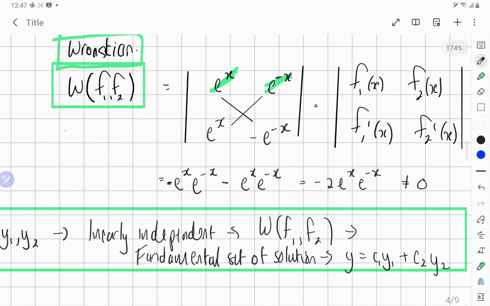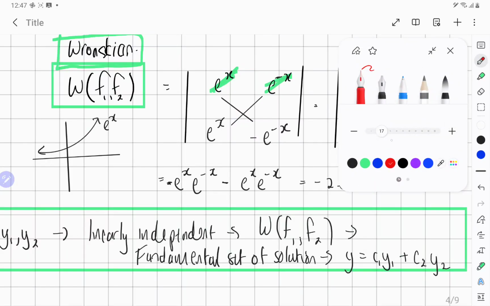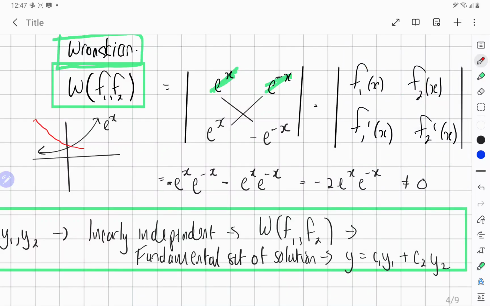Why not? Just to recall, our e to the x graph will look like this. E to the negative x will be the reflection in the line y equals x. So in other words, as you can see here, they are not equal to 0. Therefore, the product is not equal to 0.